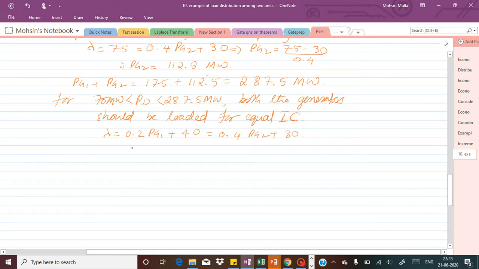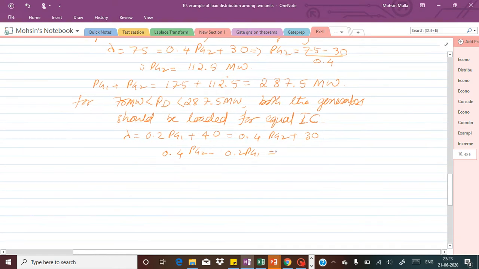Rearranging the equation, by taking this to the right hand side, we can write 0.4 Pg2 minus 0.2 Pg1 equals 10. Let this be equation number 1.